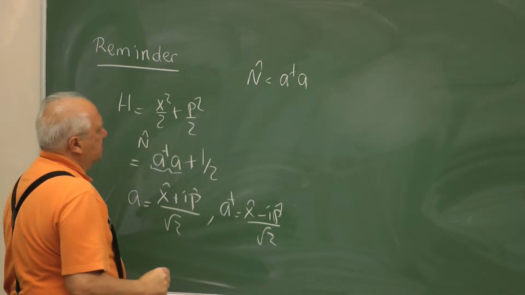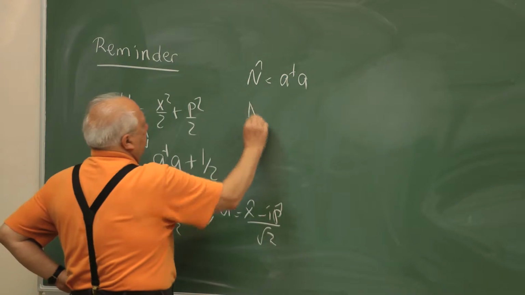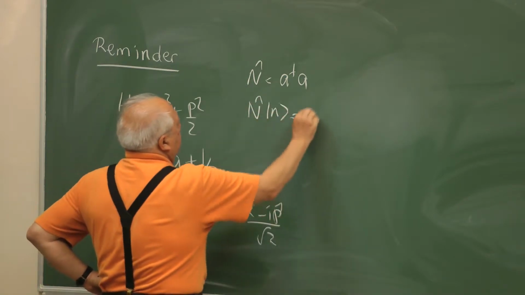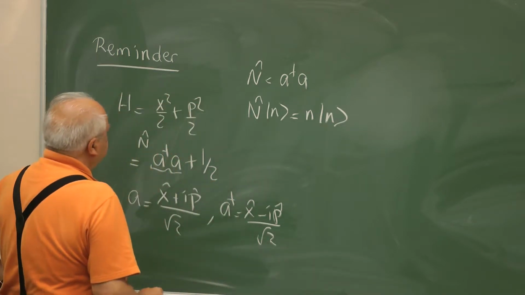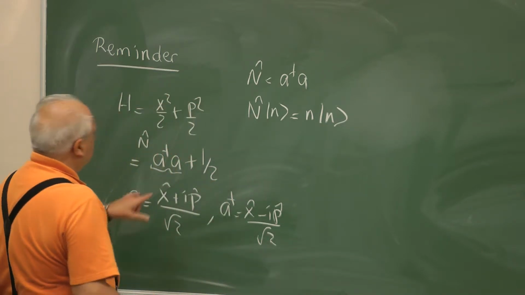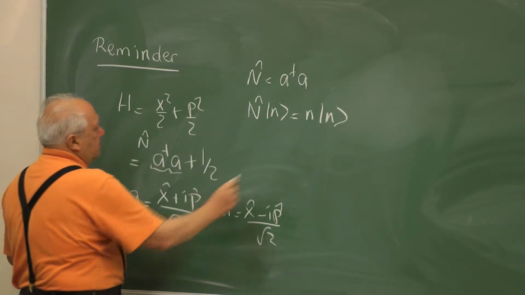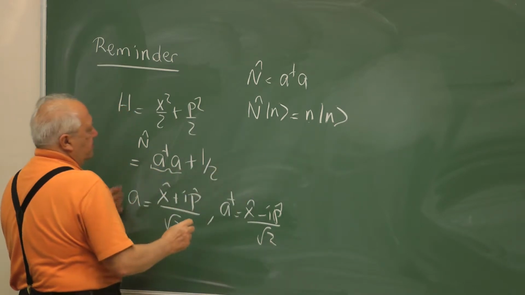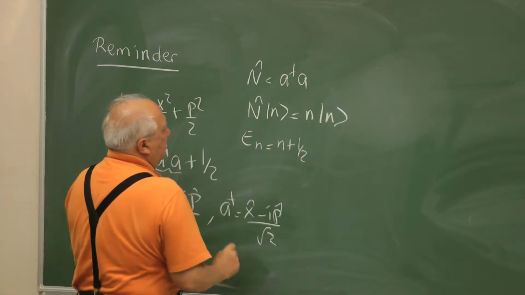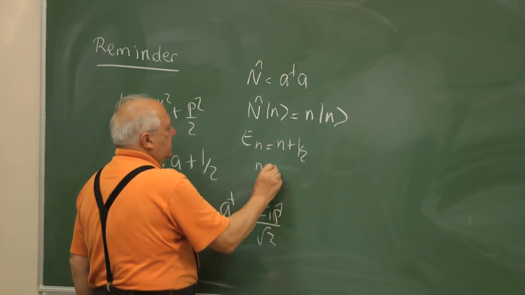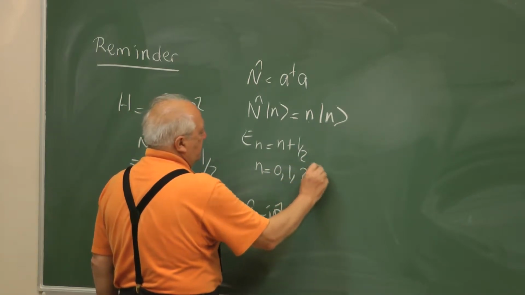And we constructed the states of the number operator. So if |n> is an eigenvector of a dagger a with eigenvalue n, then the energy eigenvalues are n plus 1/2, and n was restricted to 0 or positive integer values.